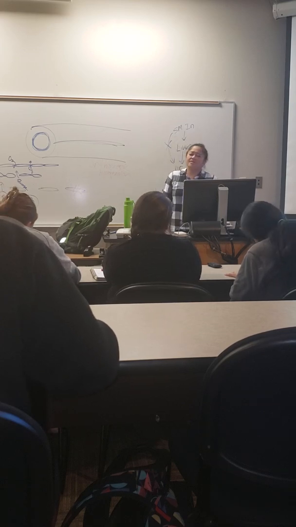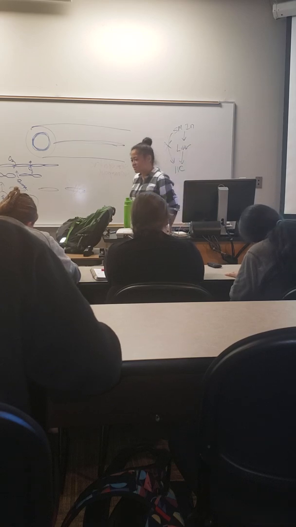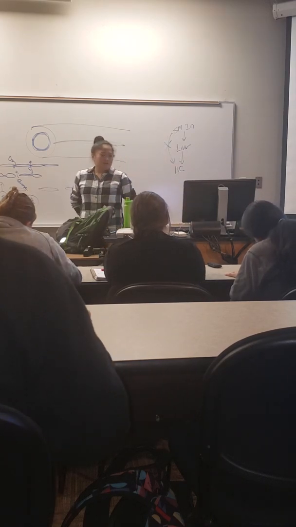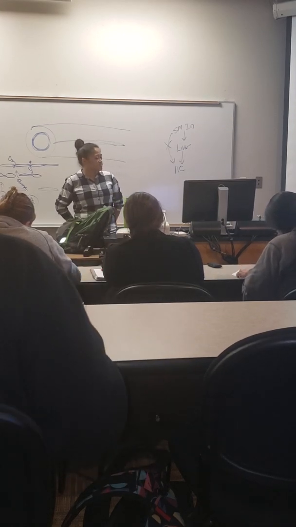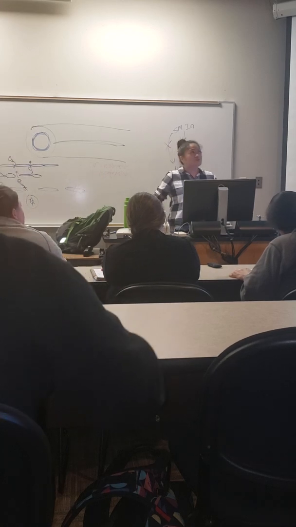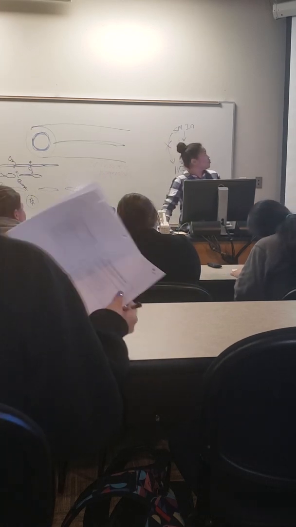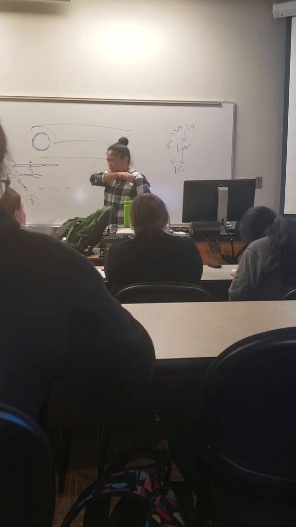Okay, this should be a review from the endocrine chapter that you just finished your test on. So there are several hormones that increase blood pressure. There's only one hormone that decreases it, okay? So first, epinephrine. What did we say the function of epinephrine was?